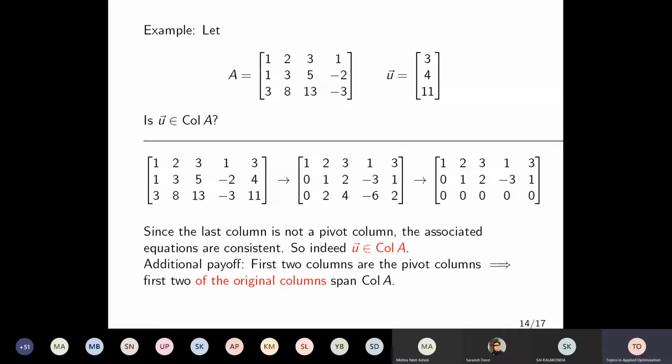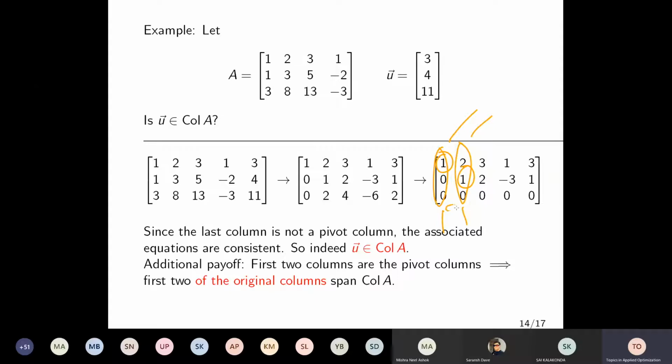This implies that if you pick the first 2 of the original columns, all the pivot columns, that will be enough to span the column space of A. So that gives you the basis. This is a methodological, efficient way to find a reduced basis. You pick all those columns with a pivot. What are the pivots here? 1 and 1, the rows with the leading 1, until you can find them.